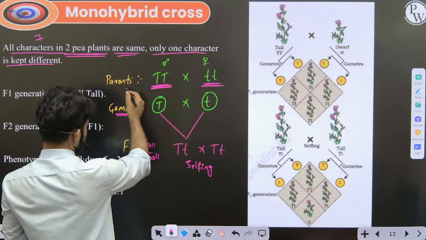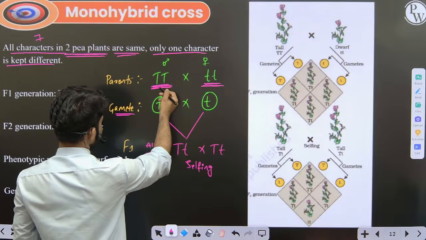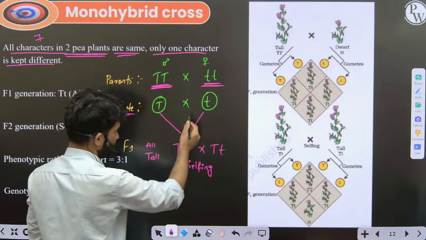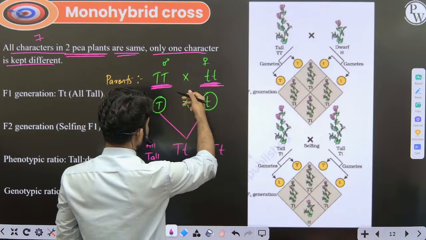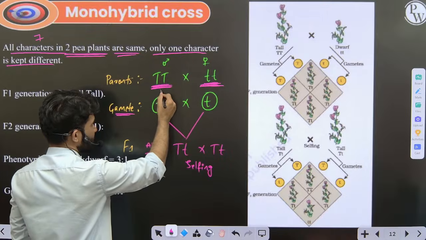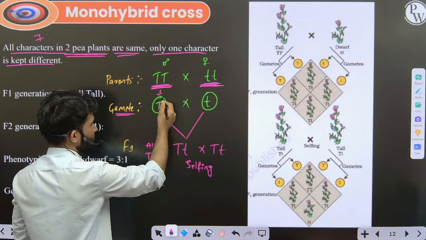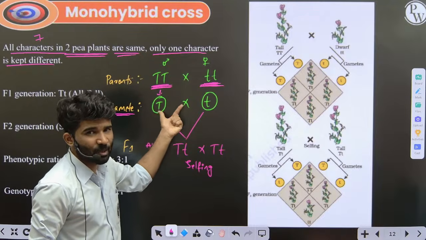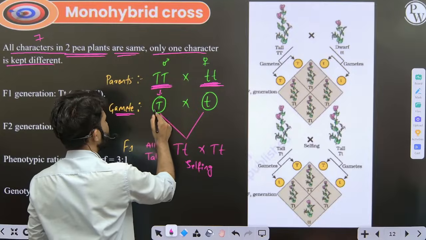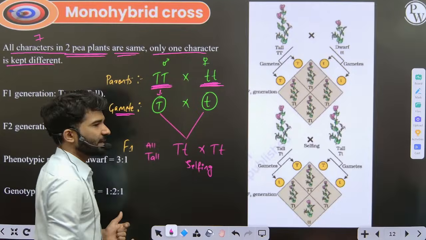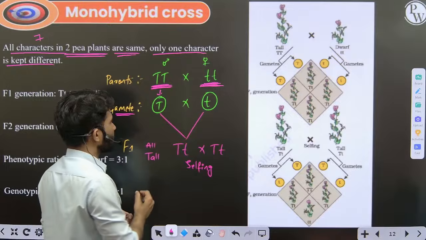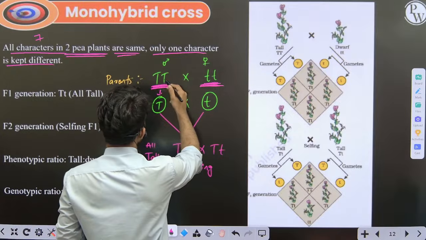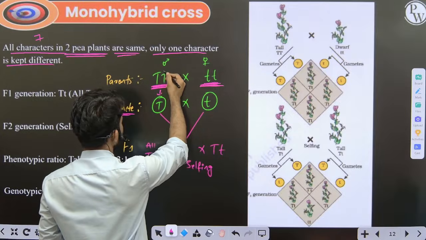That's why it is mentioned as a pair. But when it comes to the gamete, what happens? The gamete is reduced to a single allele. The gametes are always haploid, so it is a single allele. So that is a capital T, capital T parent plant.